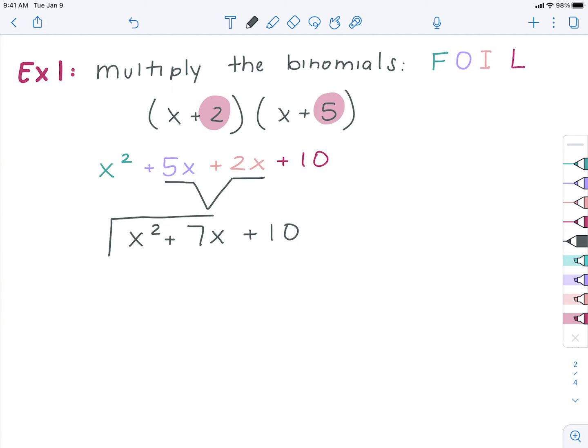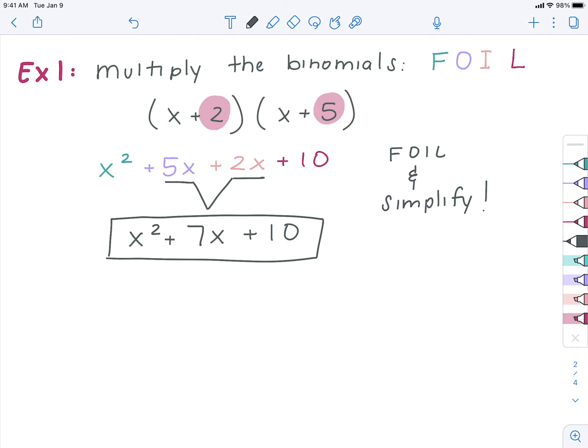And now I've answered this question because I've completed the multiplication and I've simplified. So you want to make sure you FOIL and simplify.